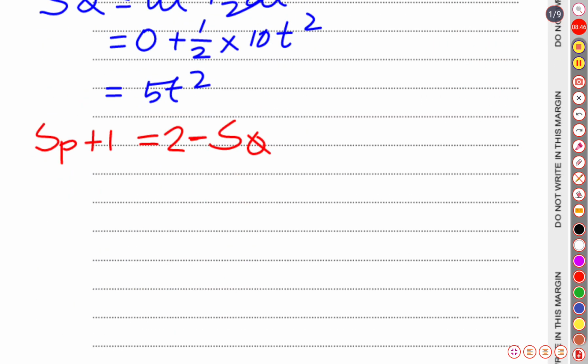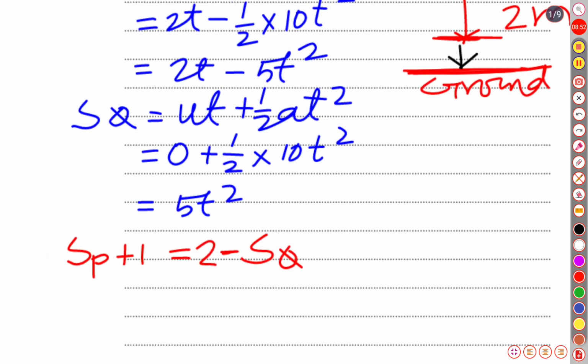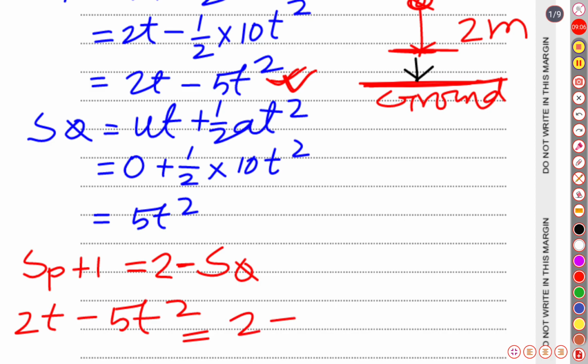After that, we substitute the values. SP, the displacement P has traveled, is 2t minus 5t square. On the right side it is 2 minus SQ, which was 5t square.